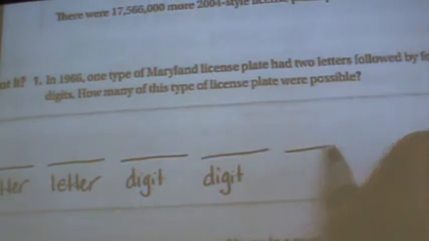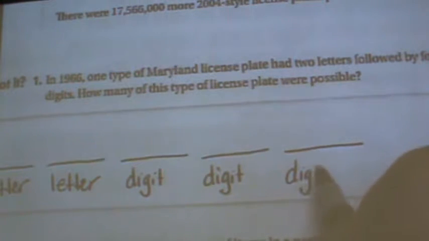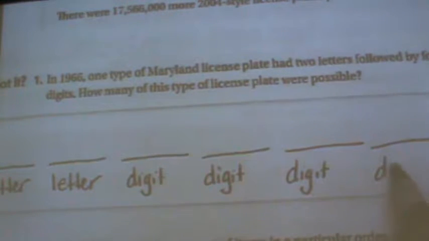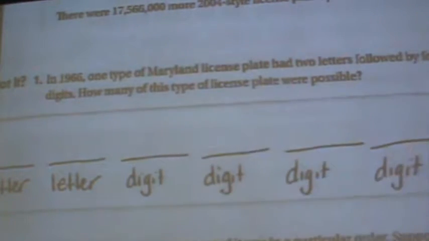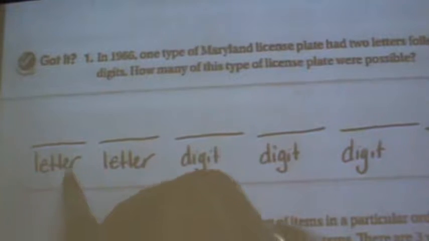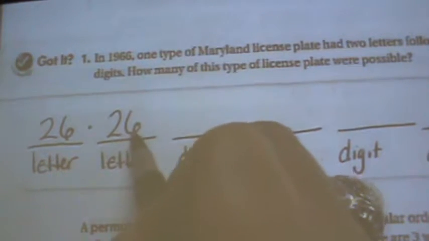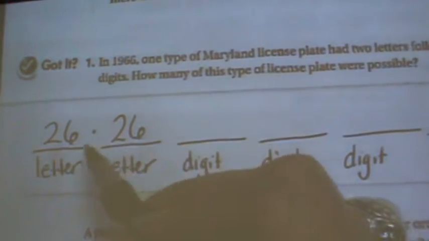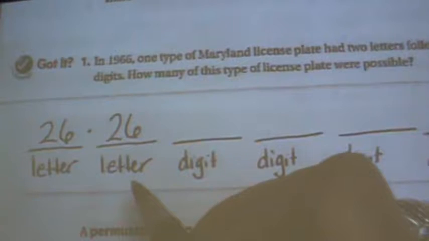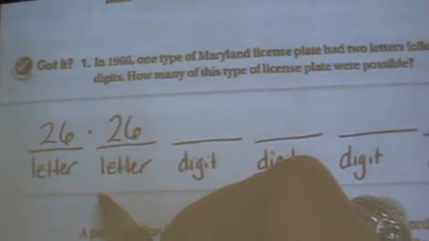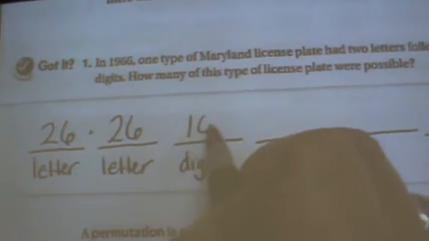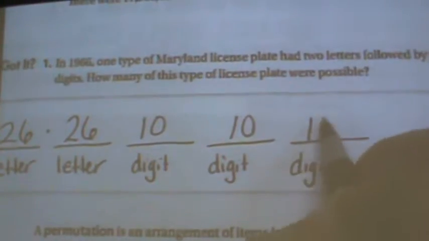So how many possible combinations can we come up with? How many letters in the alphabet are there? 26. And the reason why we can say 26 times 26 is because you can use the same letter twice. Then there's 10 digits, 4 times.